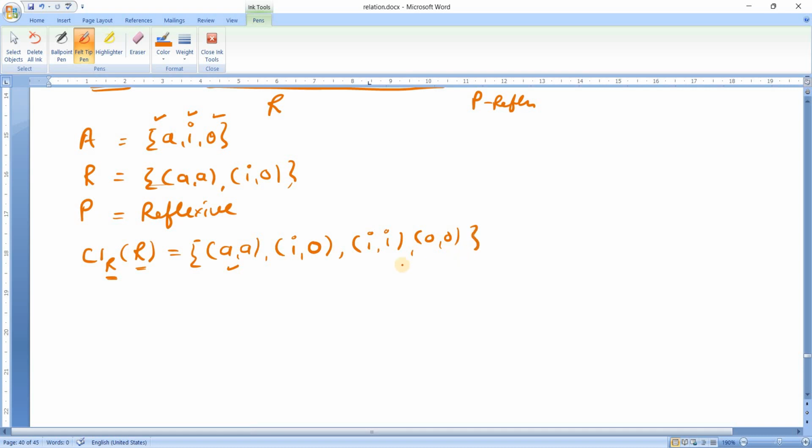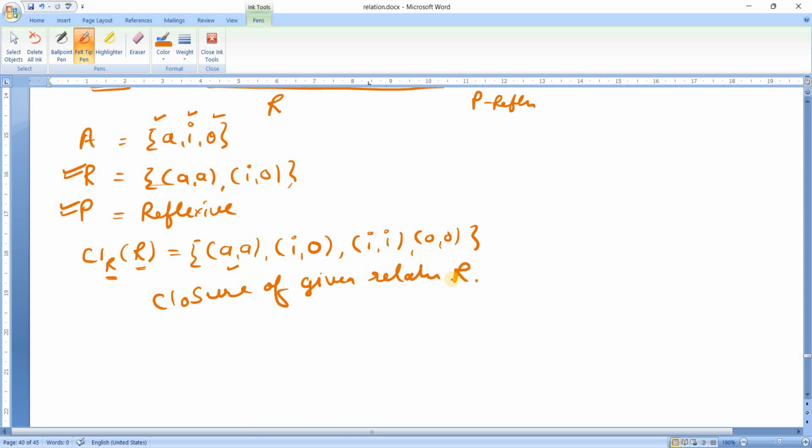So this becomes the smallest relation that is containing R as well as the property P. It is containing R, and now it is containing the reflexive property. So this new relation is called the closure of the given relation R.